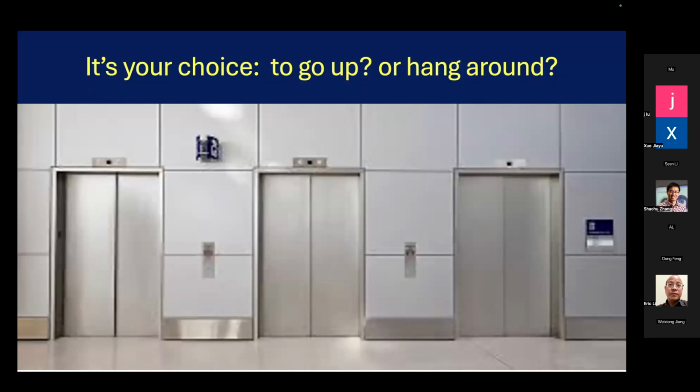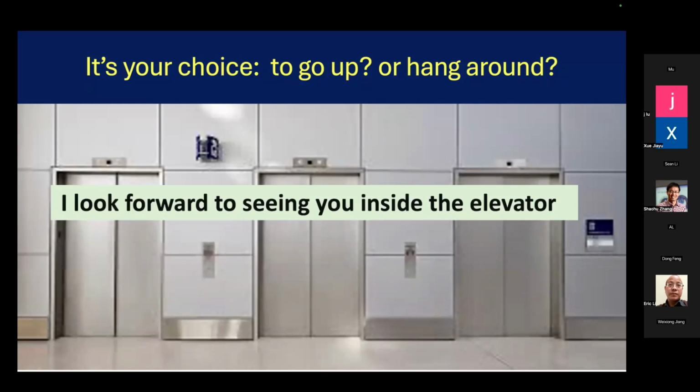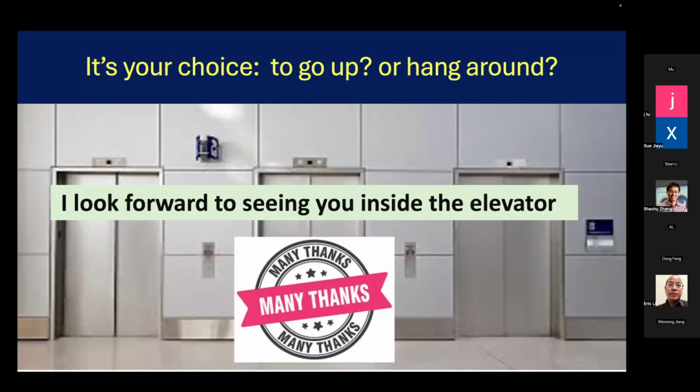The first thing we need to do is push the button of the elevator. I'm looking forward to seeing you inside the elevator. Hopefully we can go up together. Don't lay down, don't hang around, don't do nothing. The world is ours, and it's yours actually. The future is bright if we work hard, if we go up. Thank you very much.